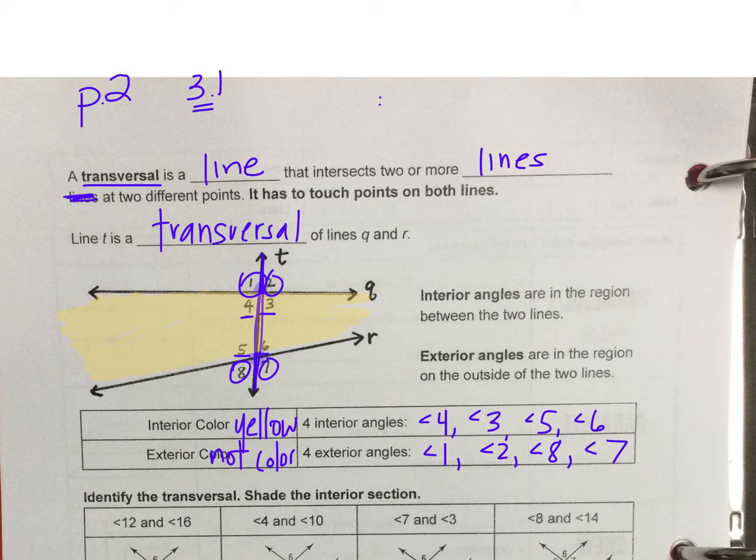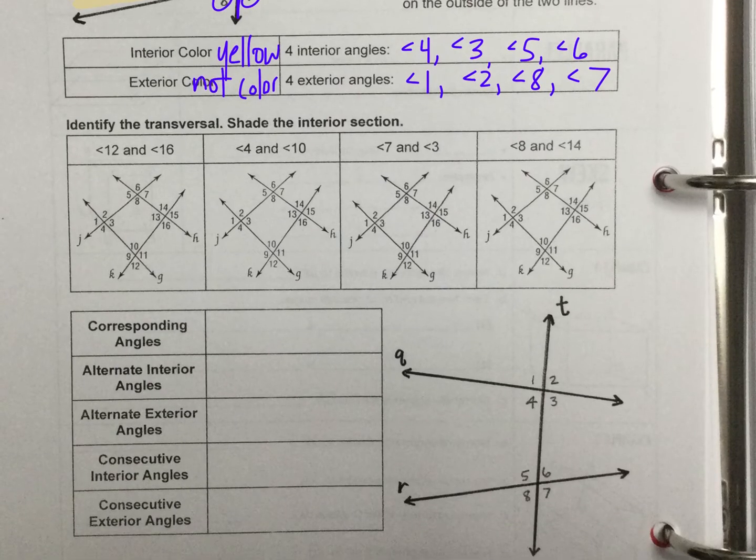So we are going to practice just identifying the transversal. This says angle 12 and angle 16. So I'm going to circle 12 and I'm going to circle 16. First of all, I need to identify which line touches both of those circles.